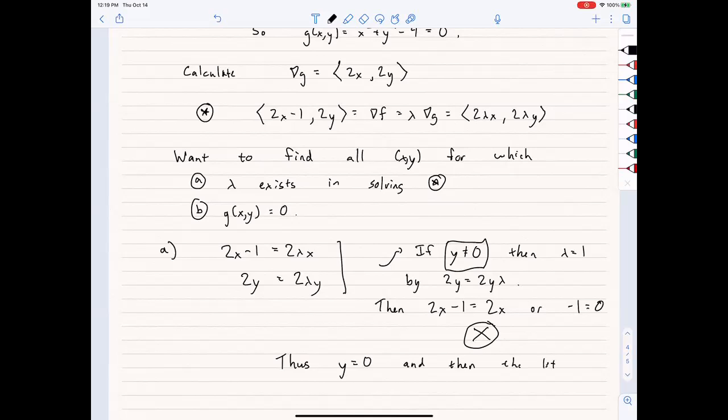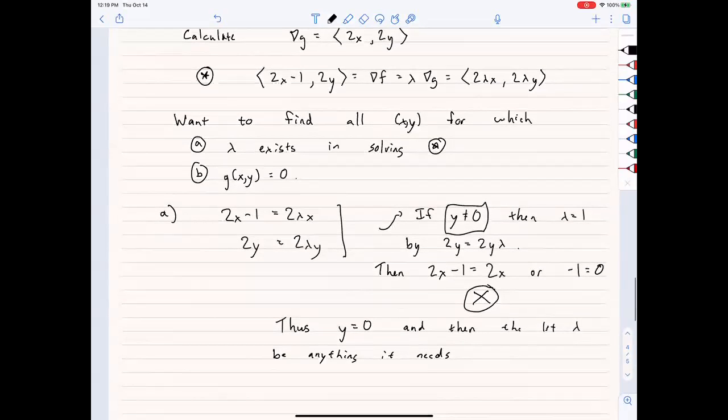The only time the first equation may not have a solution is if x is 0, but both y and x can't be 0 because of part B. Then let lambda be anything it needs to be. In other words, the first equation will have a solution. This is because x is non-zero.